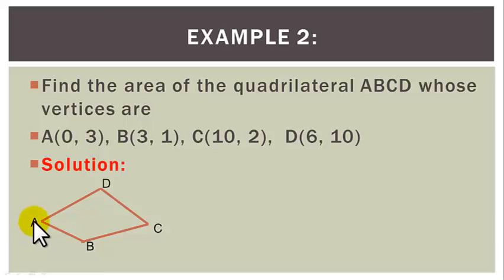To find the area of this quadrilateral, we have to partition it into two triangles. We partition it at BD. So joining B and D, we now have two triangles, triangle ABD and triangle BCD.